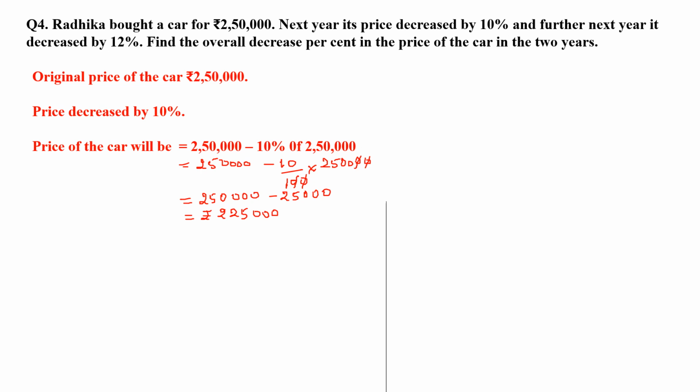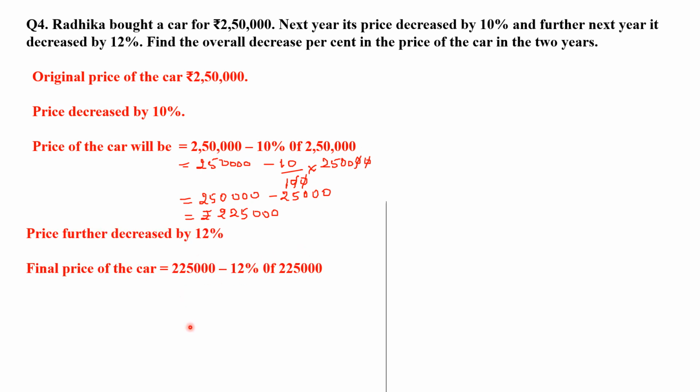Now next year there is a further decrease by 12%. So that decrease you have to apply to this amount, 2,25,000. So let's calculate that also. The price is further decreased by 12%. So now it will become 2,25,000 minus 12% of 2,25,000. Let's calculate it. So 2,25,000 minus 12 by 100 into 2,25,000.